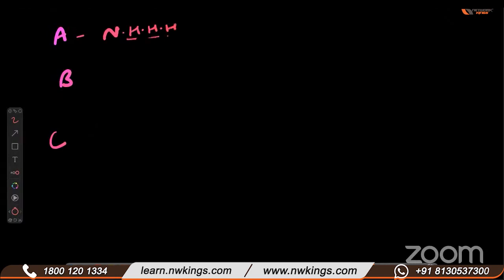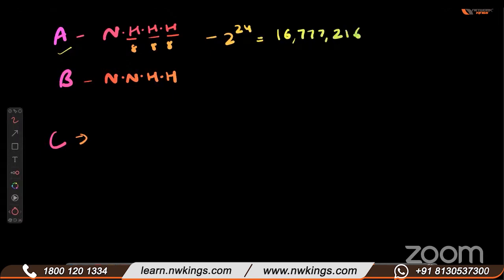So every octet is how many bits? एक octet कितने bit का होता है? 8 bits. So you have 8 plus 8 plus 8, it means 2 to the power of 24. When you give an IP address with class A, how many IPs do you get? 16,777,216. So it's a very big number. 16 million IPs you can assign from class A.